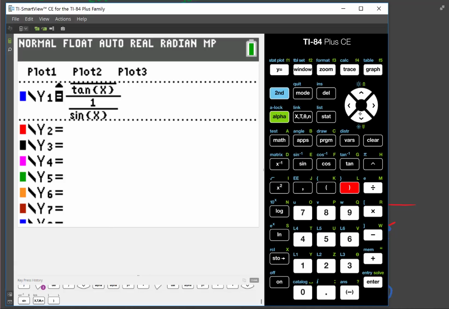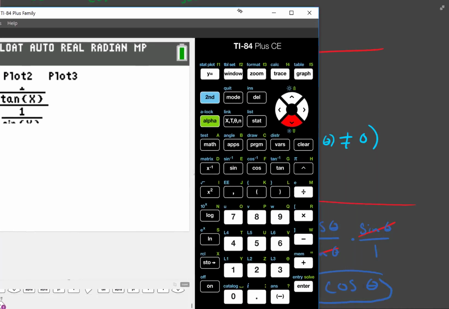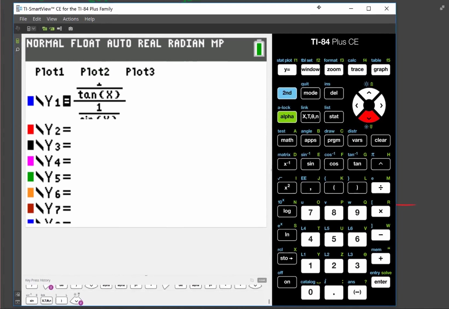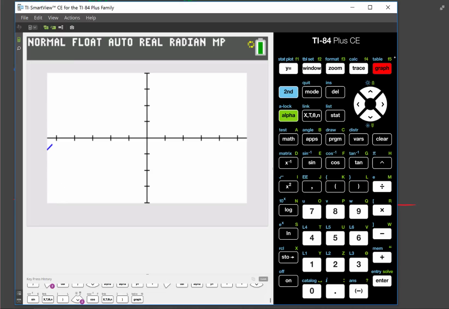Well, actually, you know what, let's let them graph together. We'll take another look at what our solution was, cosine of theta. So we're going to put that in red, cosine of x. And now we'll graph them. You can see in blue, this is our original expression, cotangent of theta over cosecant of theta.